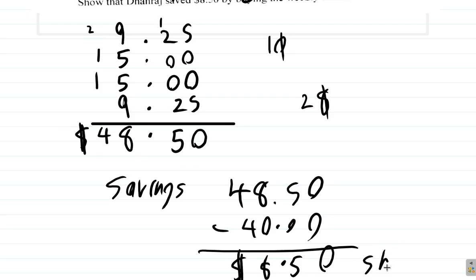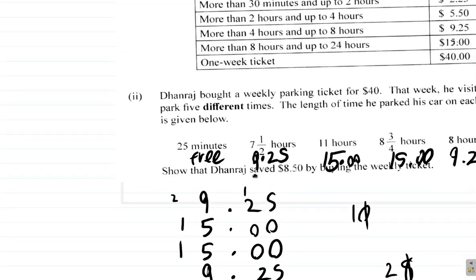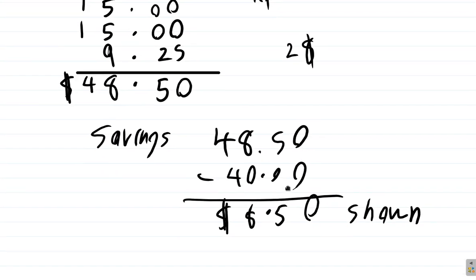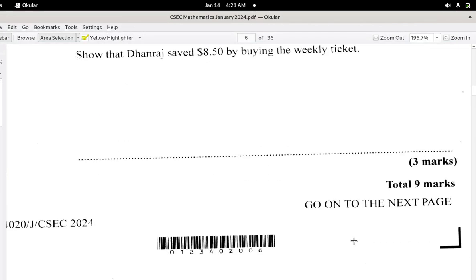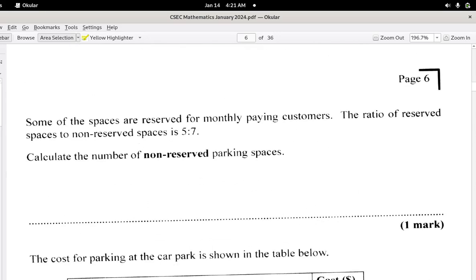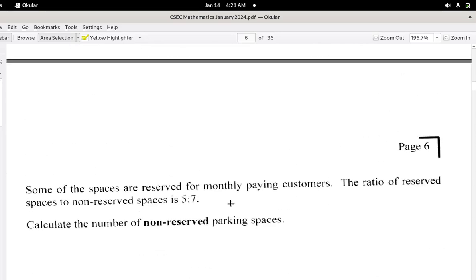So that is shown because they asked you to show that he saved the $8.50 by buying the weekly ticket. Alright, so that's that for question 1. I will see you in the next video.